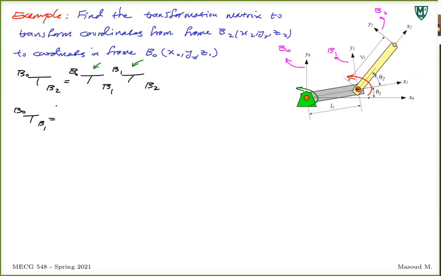T from B1 to B0, let's just write it in general form. Rotation matrix from B1 to B0, then translation, let's call it D1, then 0 and 1.